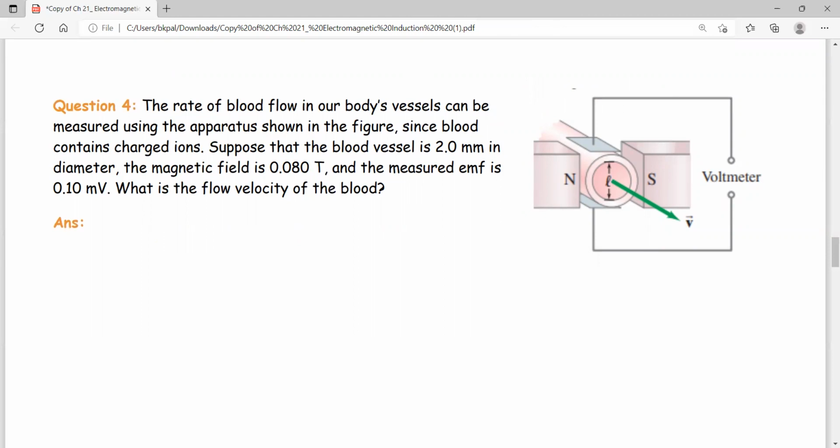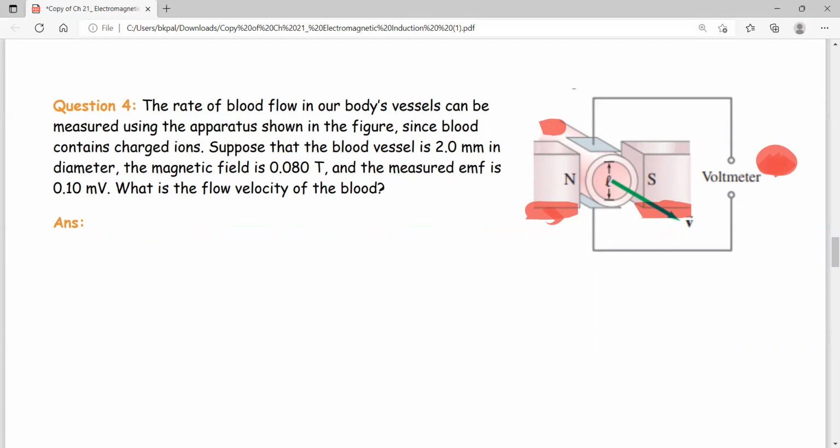You see here we have a magnet, with the north and south pole, and this is the vein. Then you measure the induced EMF here by using this apparatus.